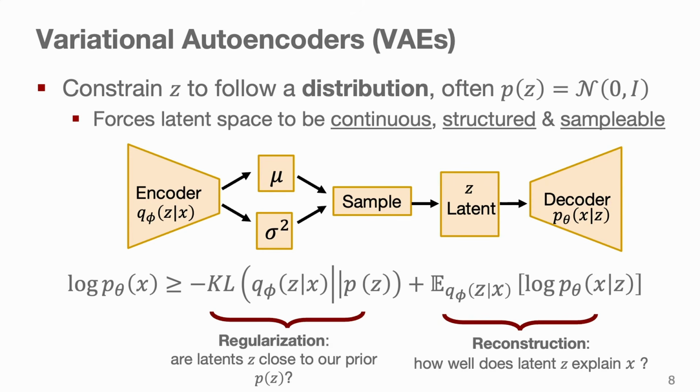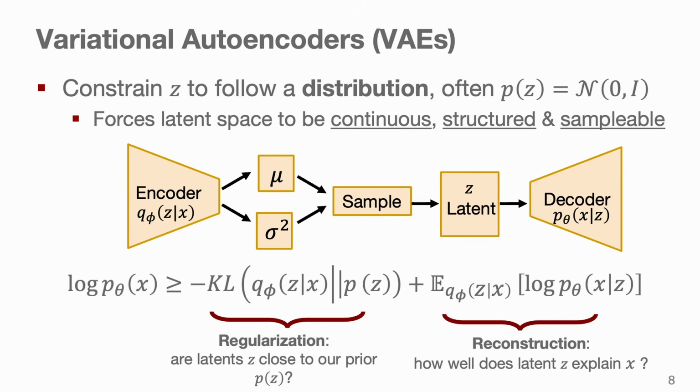And then to enforce the structure in the space, we add a regularization term that forces this approximate posterior to stay close to our Gaussian prior.